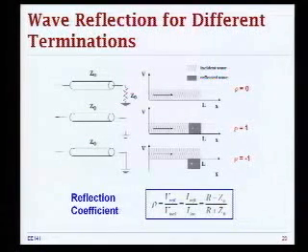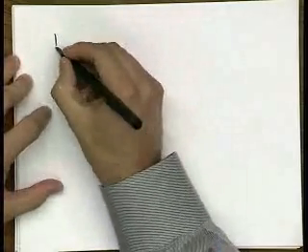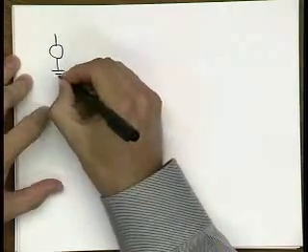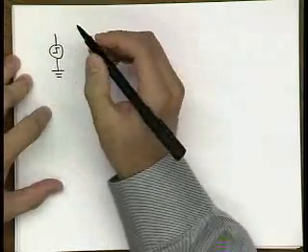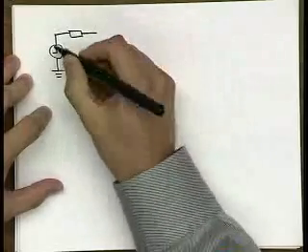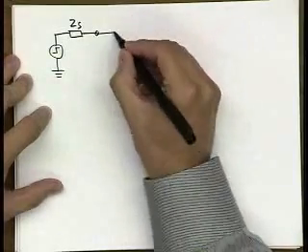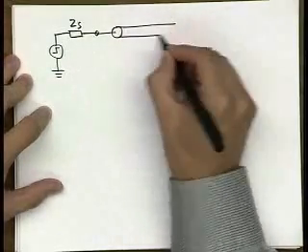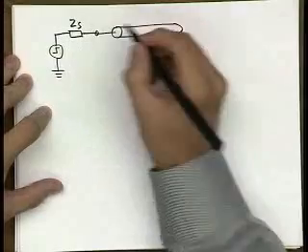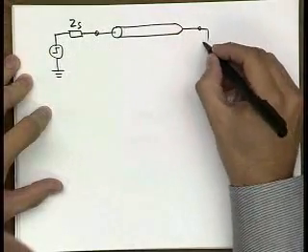Now let's see what happens over here. To fully understand the behavior of this transmission line, let's assume that we have a certain source with impedance Zs. Then we have this wire, and a couple of different cases.